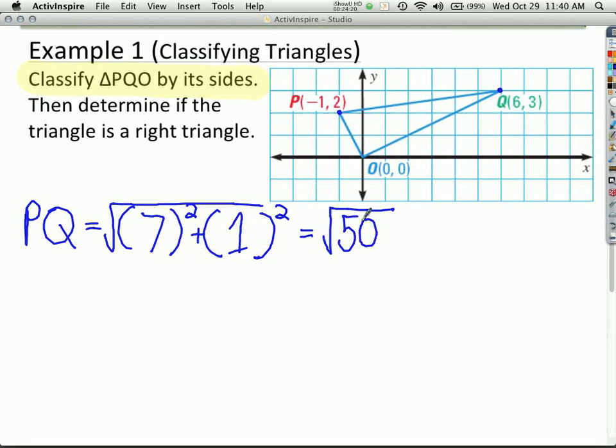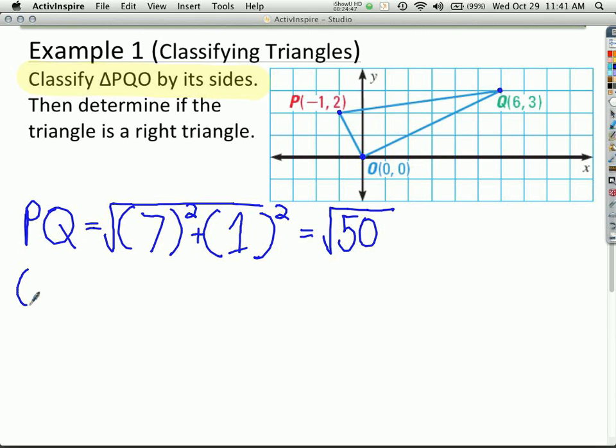Now, we could punch that into our calculator and find the actual distance, but we don't really need to, because we're going to use the distance formula to do this one, and that's going to come out in radical form too, and all we have to do is compare the radical forms, and we'll know whether it's the same or not. Nathaniel, you had a comment? Can we just simplify it? You could also simplify it, but you're going to see in a moment why you don't even need to. It's just kind of extra work.